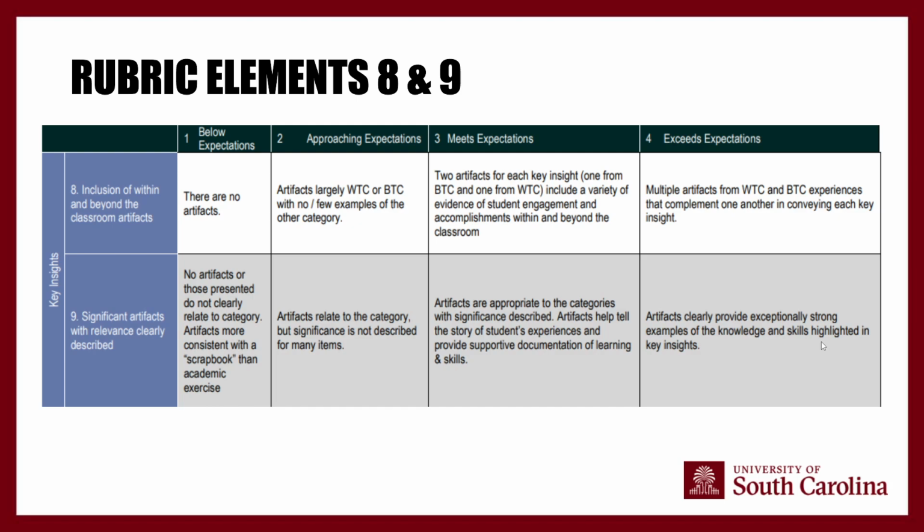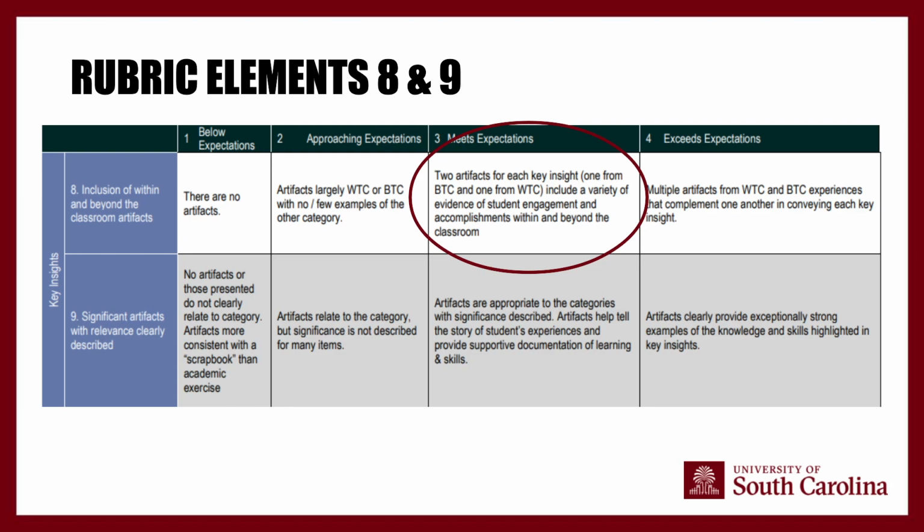Now that we've defined artifacts at a basic level, let's take a closer look at the rubric, again focusing on scores of 3, or meets expectations. Rubric Element 8 states 2 artifacts for each key insight, 1 from within the classroom and 1 from beyond the classroom, including a variety of evidence of student engagement and accomplishments within and beyond the classroom.